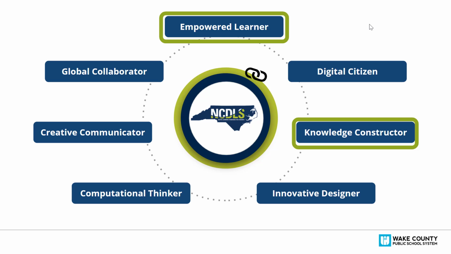So when we think about how that relates to individual rotations, giving students the choice of what their assignment might look like or how they present their work could be an example of the Empowered Learner Standard. And it's also about giving students the opportunity to make the choice that's best for them.